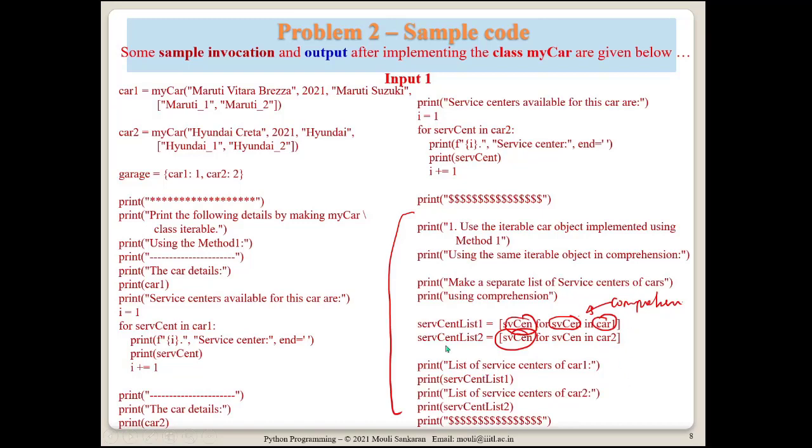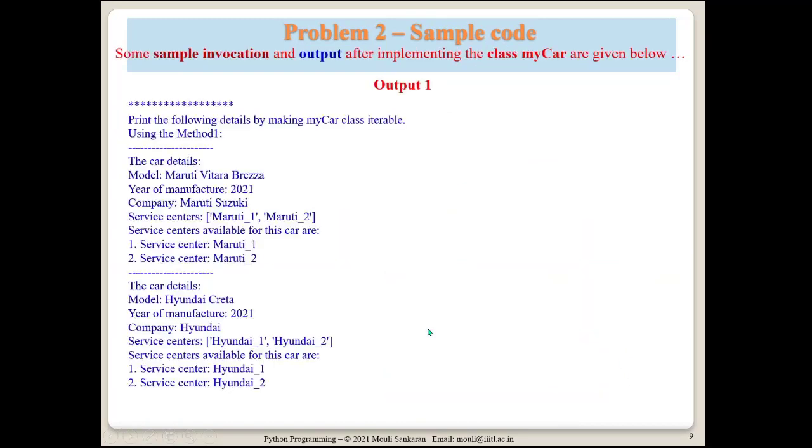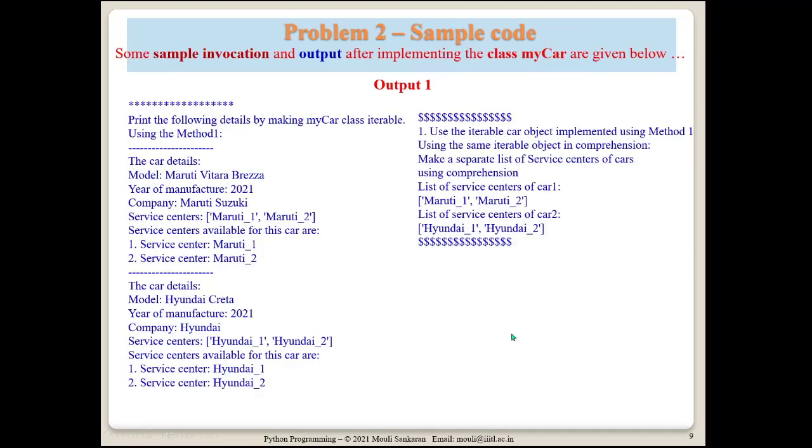Let me show you the output, then you may understand. This is the output I want. It will print the details of the cars. It will print service centers one by one, as I showed you, 1, and then the service center values, then the other car's service centers. Then the comprehension also constructs a list like this and prints the list.